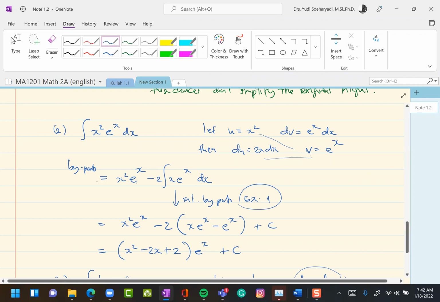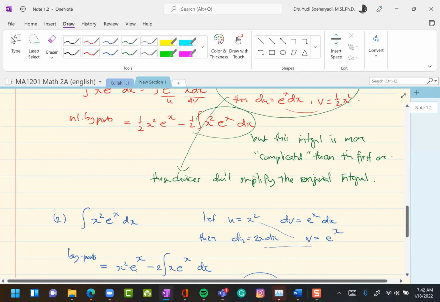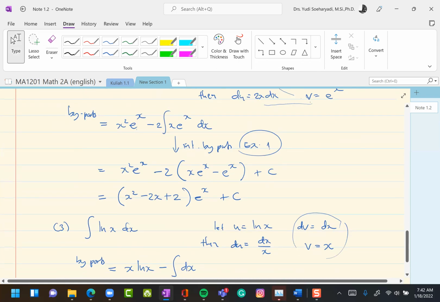The first one reduces the power of x to 1, and another integration by parts reduces the power to 0. Power 0 is constant. This is example 1.